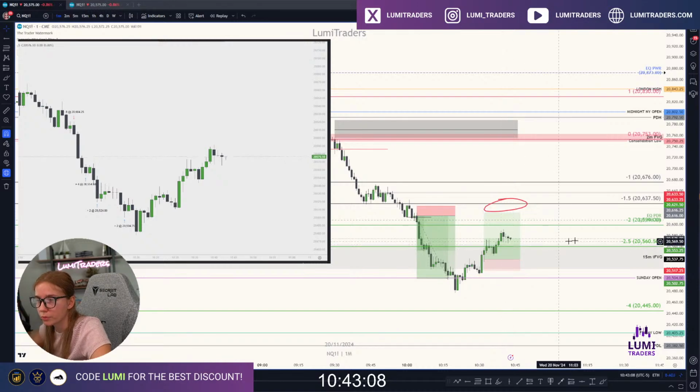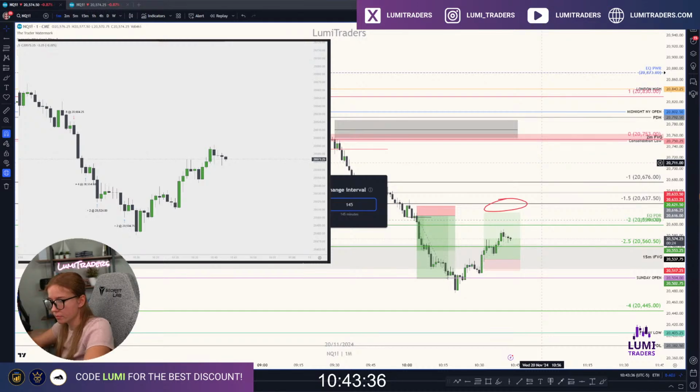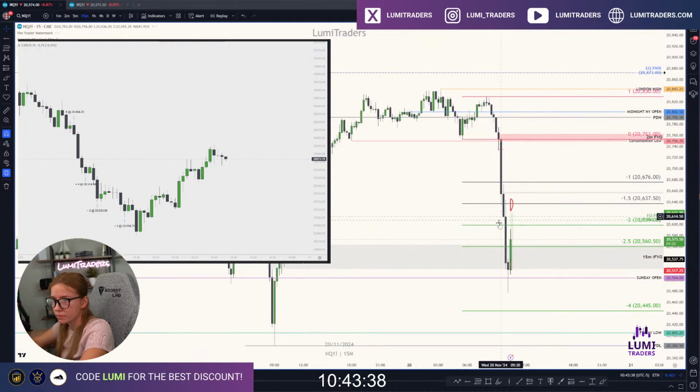Didn't see anything on 1 minute chart. Just order block right here. That's pretty much it. For example, it can be retracement to 15-minute fair value gap on 15-minute chart, right here.